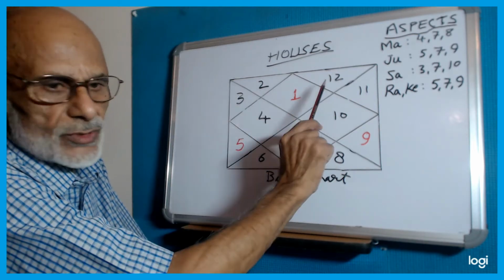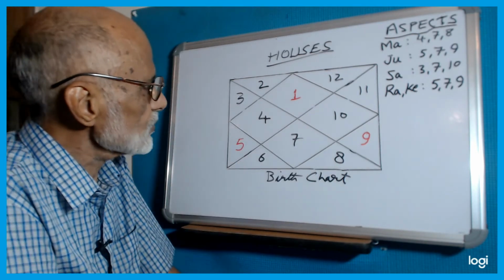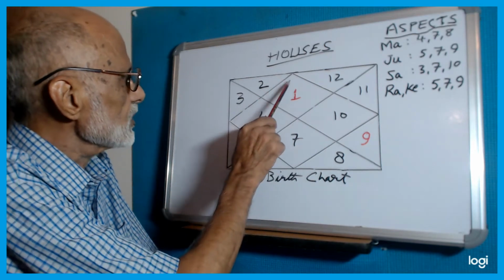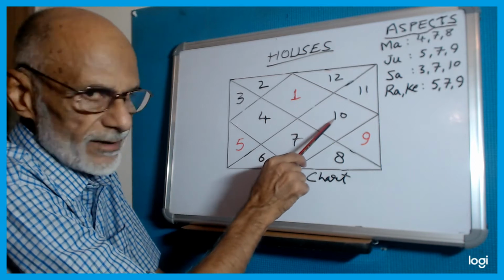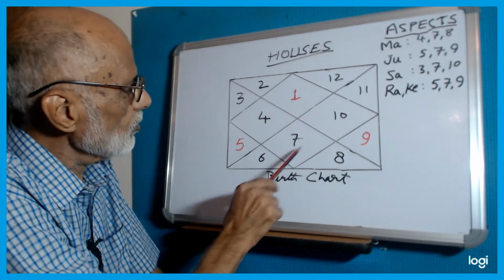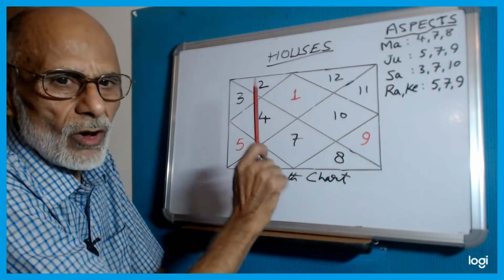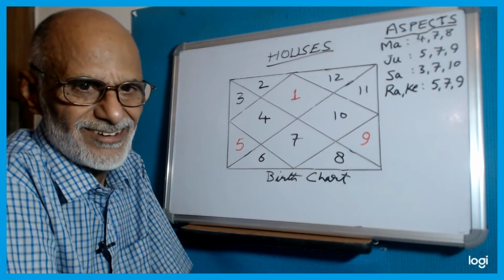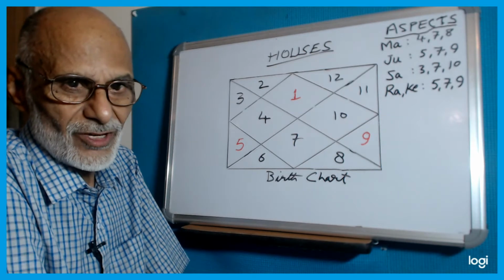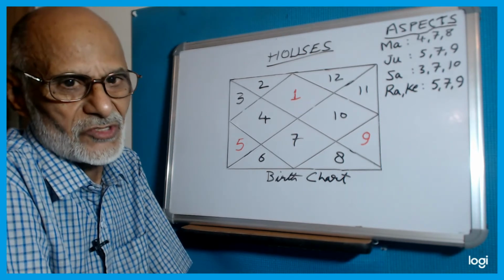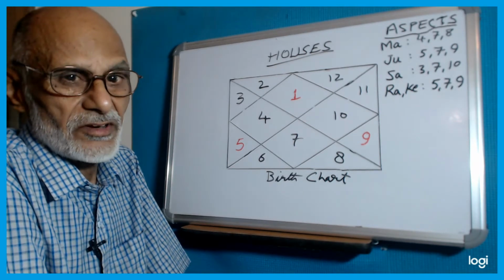There are 12 houses. Now in this video I want to tell you that these 4 houses, house number 1, 4, 7 and 10, form the core of your birth chart. So they are very important, right? They form the core structure of your birth chart, and they carry great importance.